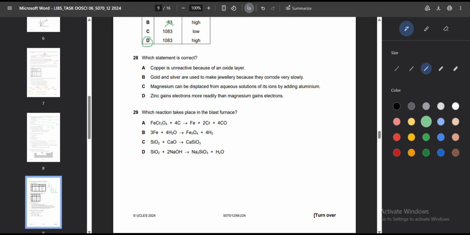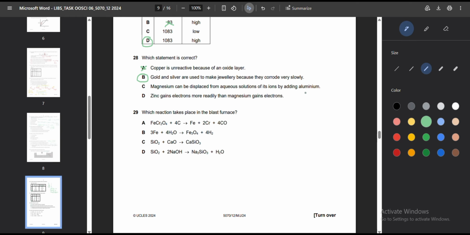Alright, so copper is unreactive because it forms an oxide layer? No. Gold and silver are used to make jewelry because they corrode very slowly. They are not reactive. That's why they corrode slowly. It's a correct one. Magnesium can be displaced from aqueous solution of its ions by adding aluminum.